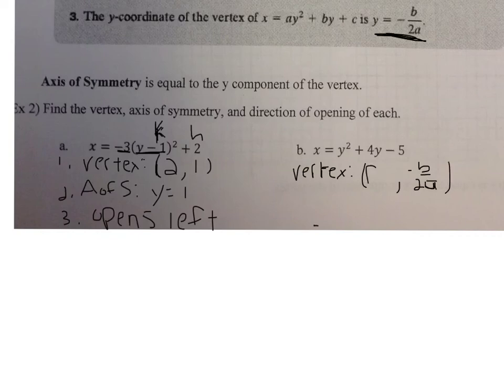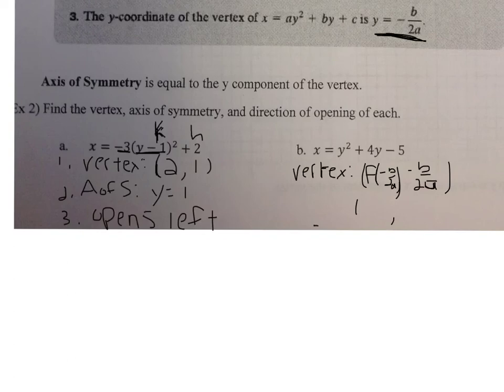Well, we know it's going to be F of that. F of negative B over 2A. So we've got to figure out what negative B over 2A is first before we can start plugging in the numbers here.